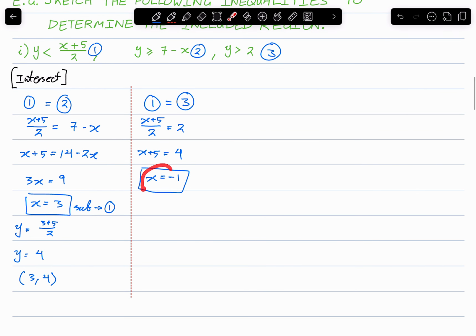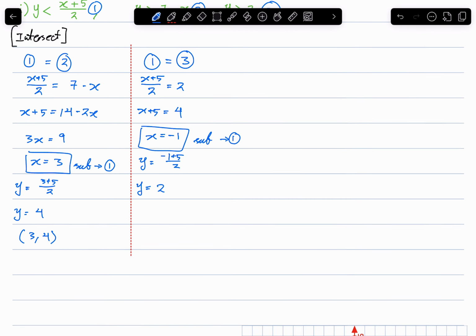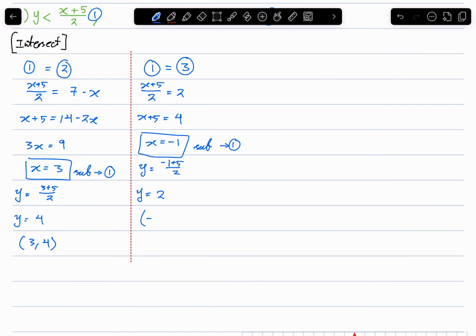And for this, I must substitute it into 1, because there's nothing to substitute into in number 3. So again, substituting back into 1, I get y equals (negative 1 plus 5) on 2. That will give me 4 on 2, which is 2. Which tells me I get (-1, 2).